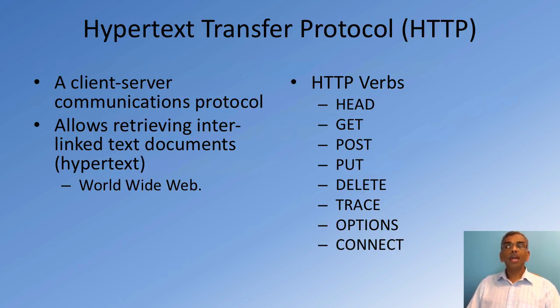And in order to be able to talk to a server, you have the support from various HTTP actions, or what we refer to as HTTP verbs: the head, get, post, put, delete, trace, options, and connect. We will see in particular the get, put, post, and delete verbs in more detail when we examine the REST API protocol a little bit later.